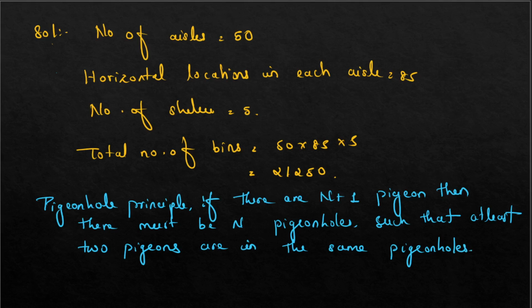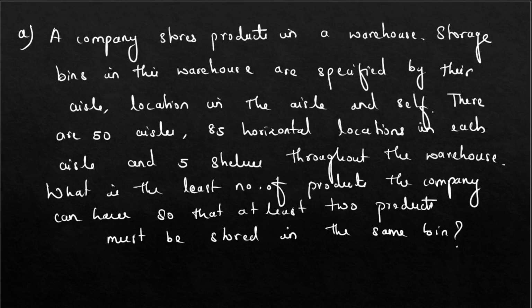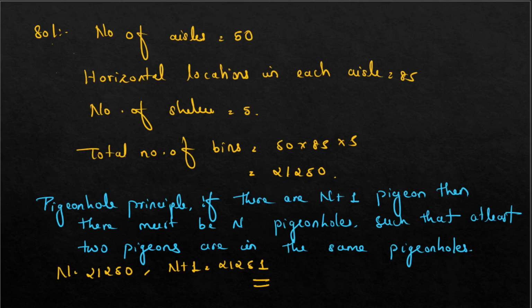Now here n is 21250. Therefore n plus 1 pigeons will be there. So if you just do plus 1 here, that will be the answer. So n equals 21250 and n plus 1 equals 21251, so that at least two products are in the same bin. So what is the correct answer? It is 21251.